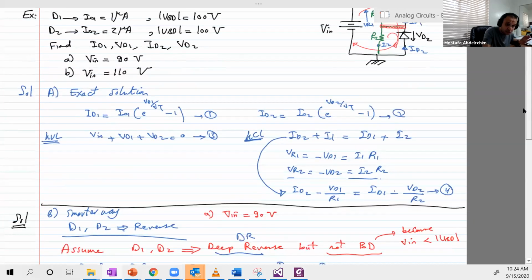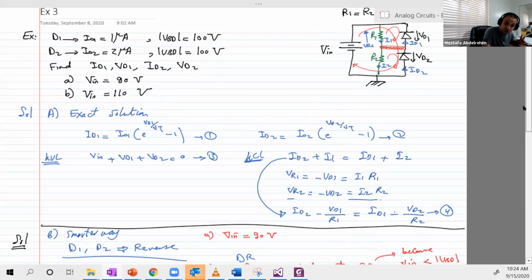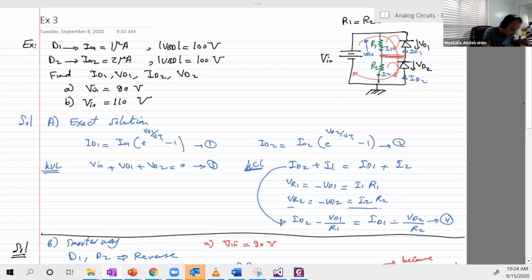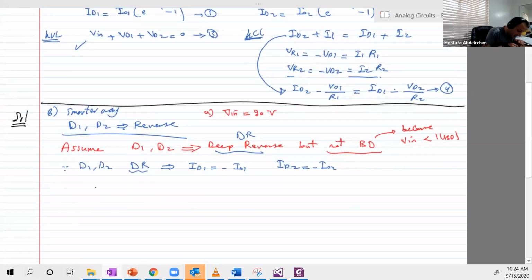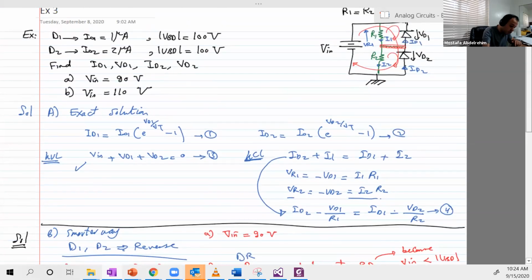First, now we have two unknowns, VD1 and VD2, so we need only two equations. Actually, we already wrote the equations, we don't need to do them again. So we have this equation: VD1 plus VD2 plus V input is equal to 0. This is equation 1, and V input here is 90. So it's an equation in just the two unknowns.